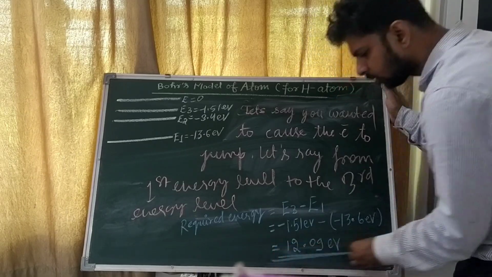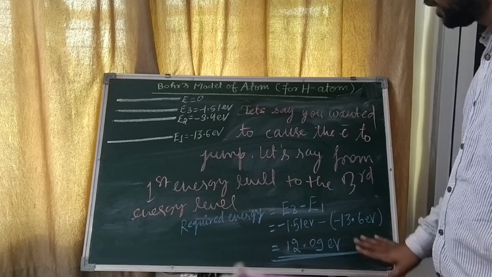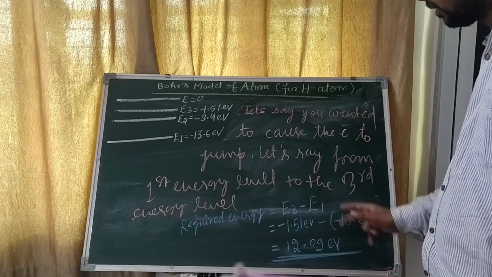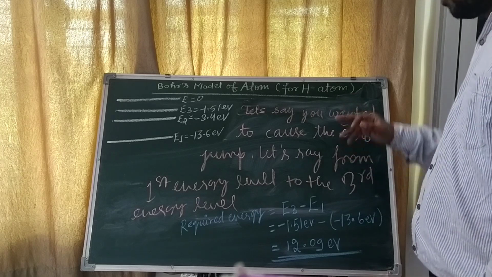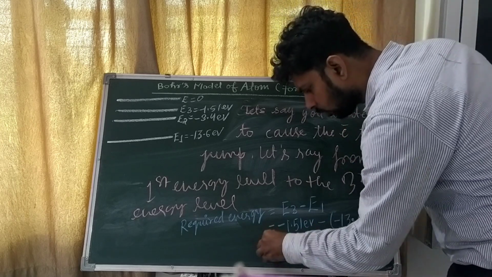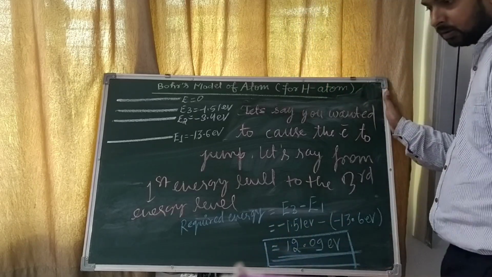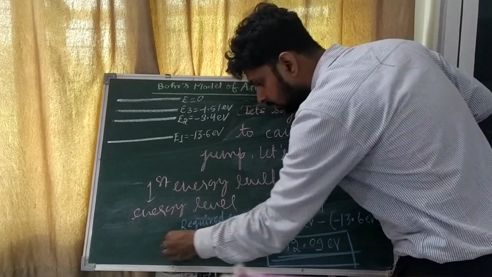So you can imagine that you can jump that electron from first to second or first to third only when you have this much of the energy. These are the required energies.